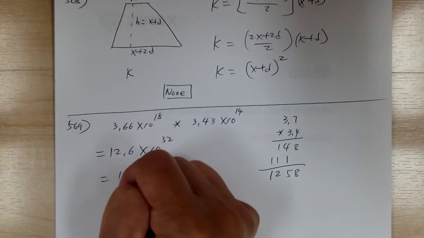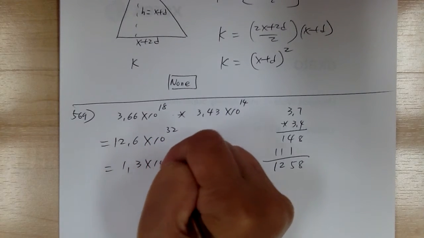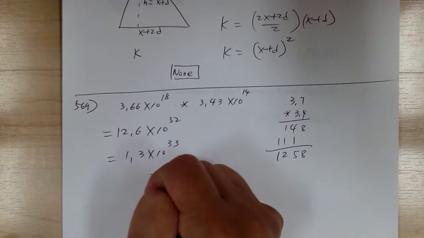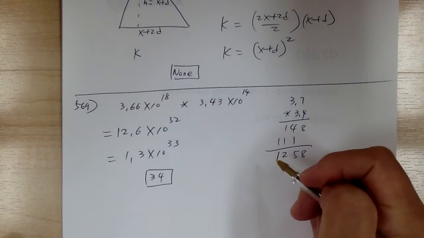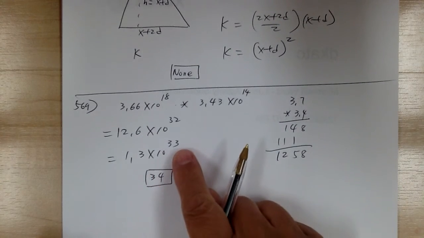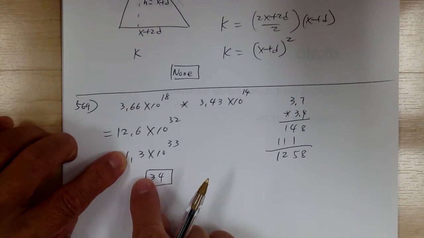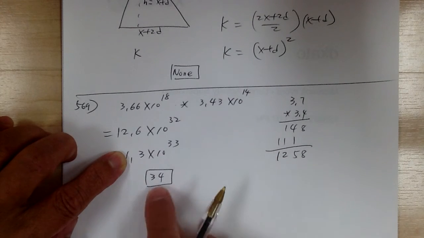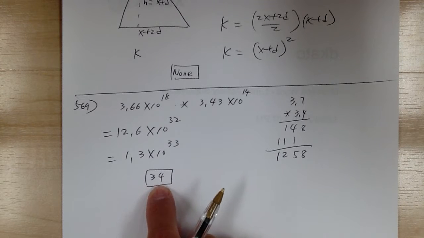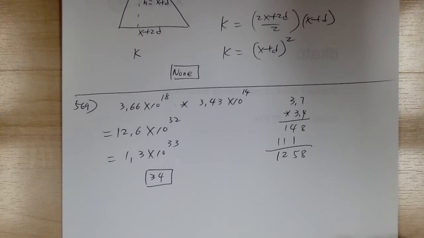This is equal to 1.3 times 10 to the 33, and there will be 34 digits. Because 33 means you move over 33 places. So you have one digit over here, and you move over 33 more, giving you a total of 34 digits. And that's it.